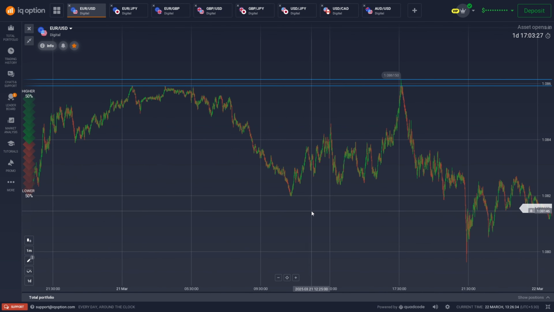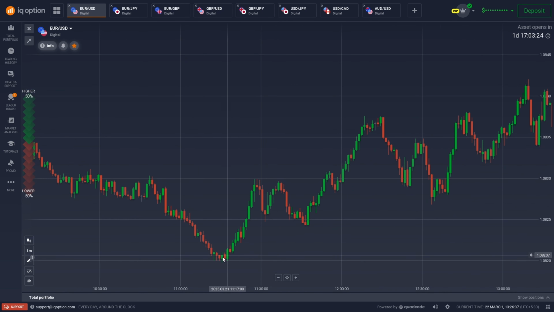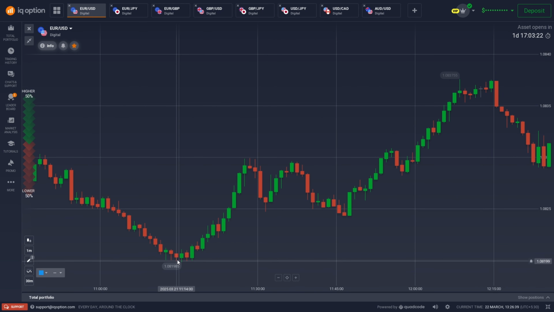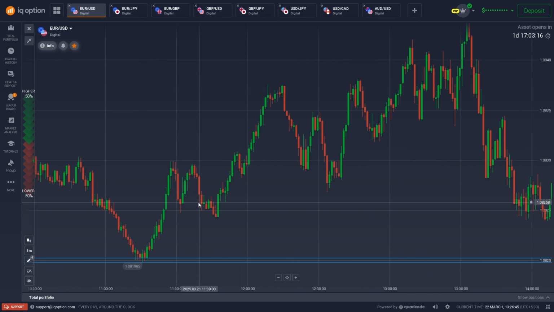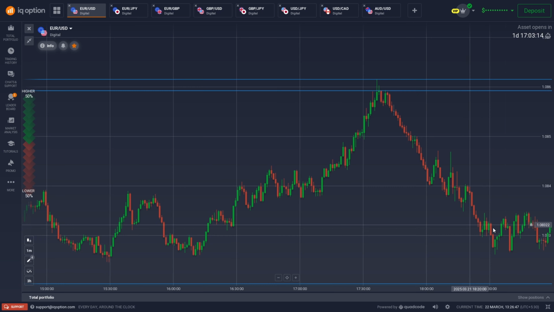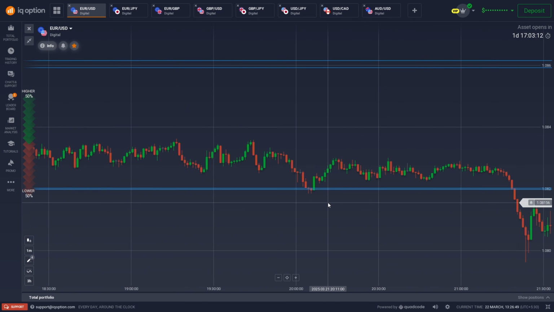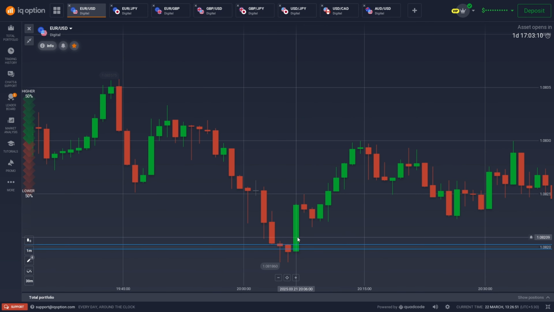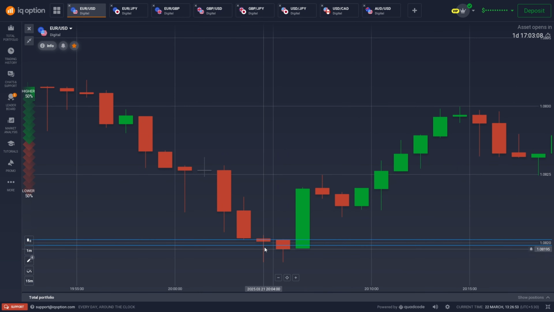Now let's take another example. This is the wick. This is the body. Let's see what happens in the future. And here, what do you find? You find that this candle did expand the zone.